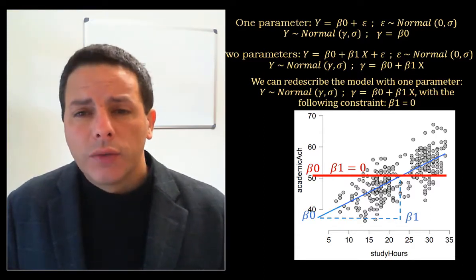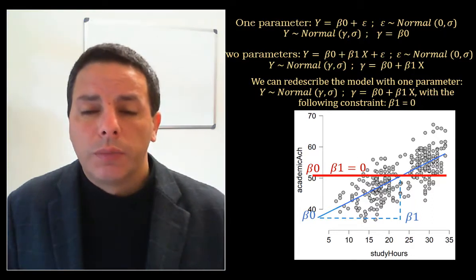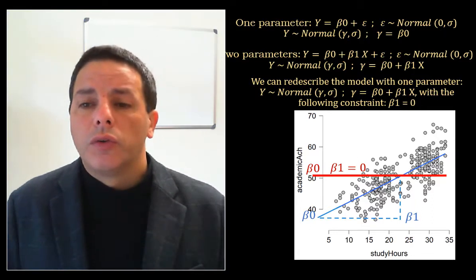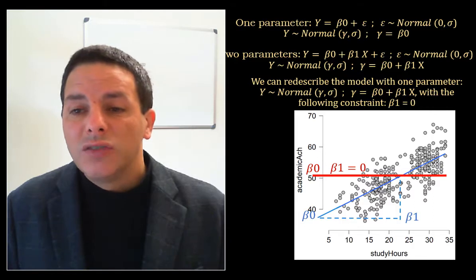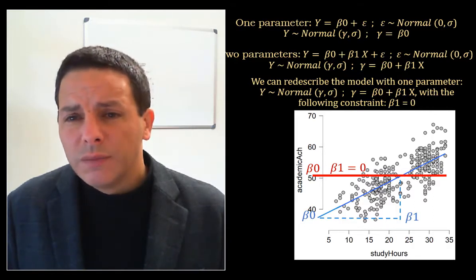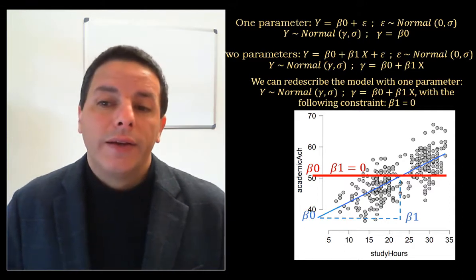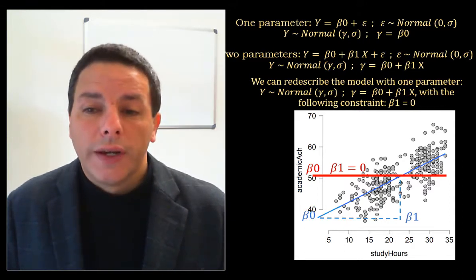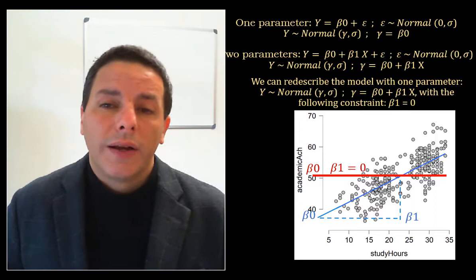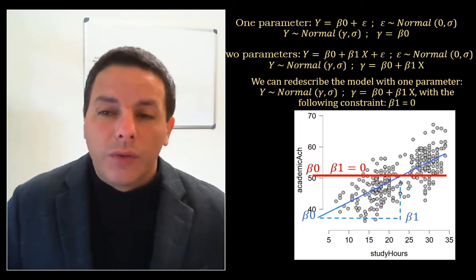Now, why did I redescribe or reparameterize the model with one parameter? The idea is to have the same structure as the model with two parameters, and we put the constraint that the parameter beta 1 is fixed at 0.